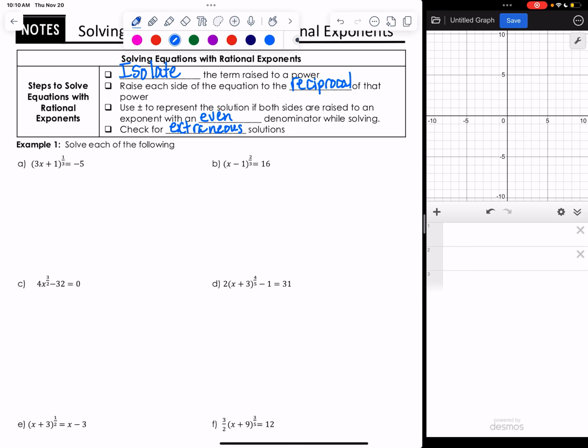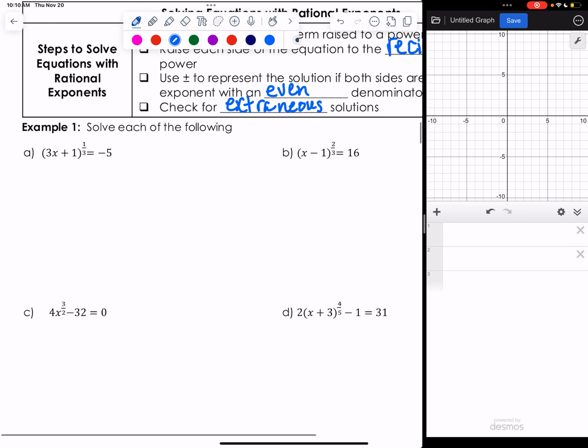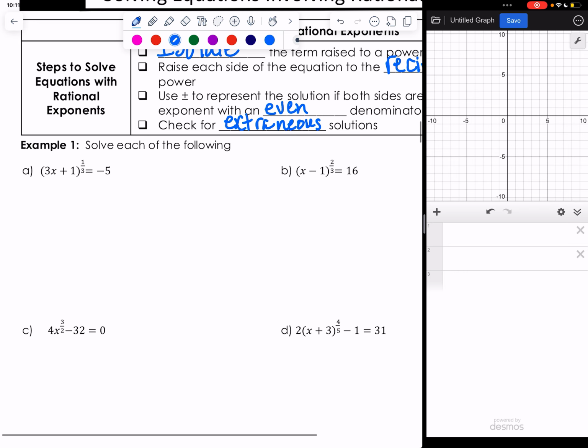So in example 1, it says solve each of the following. And we have the expression 3x plus 1 raised to the 1/3 power is equal to -5. Now, in this problem, step 1 is already done for you. The expression being raised to the rational exponent is already isolated. So I can skip right to step 2, which says raise each side of the equation to the reciprocal power.